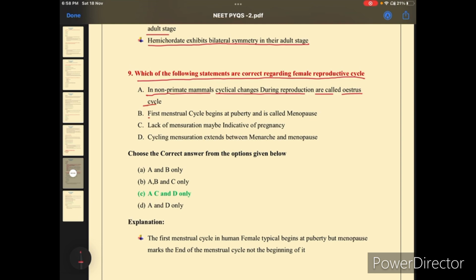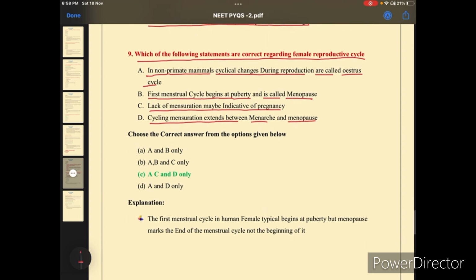B. The first menstruation cycle begins at puberty and is called menopause. C. Lack of menstruation may be an indicator of pregnancy. D. Cyclic menstruation is exhibited between menarche and menopause. Choose the correct answer from the options given below.